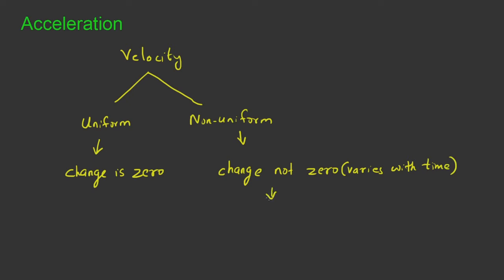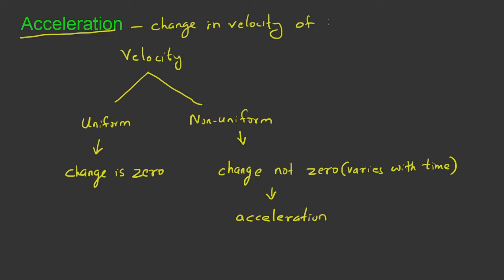The physical quantity that measures change in velocity is acceleration. That is, acceleration is measured as change in velocity of an object in unit time.